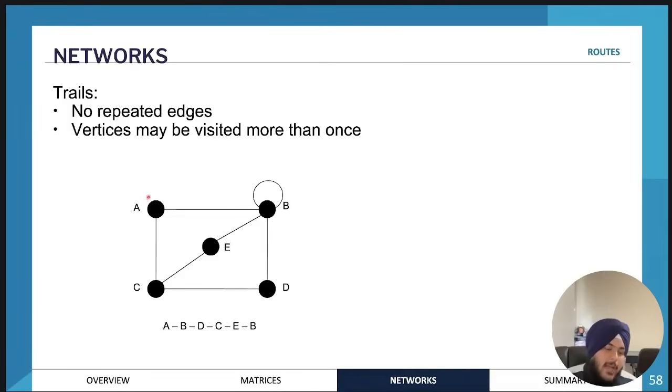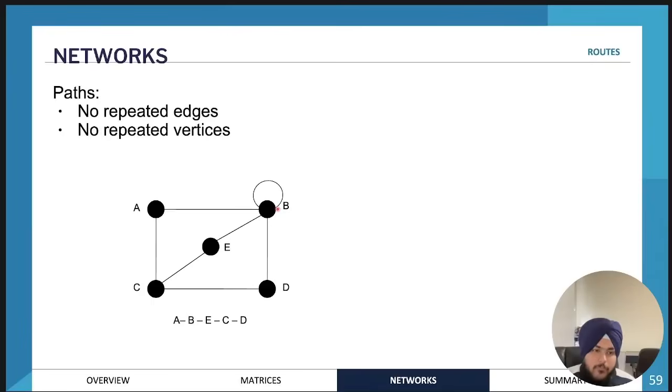For example, a trail in this example would be A, B, D, C, E, B. We're not repeating any of the edges, but we are allowed to repeat vertices. We repeated B 2 times. That's the important thing: no repeated edges, but the vertices can be visited more than once.